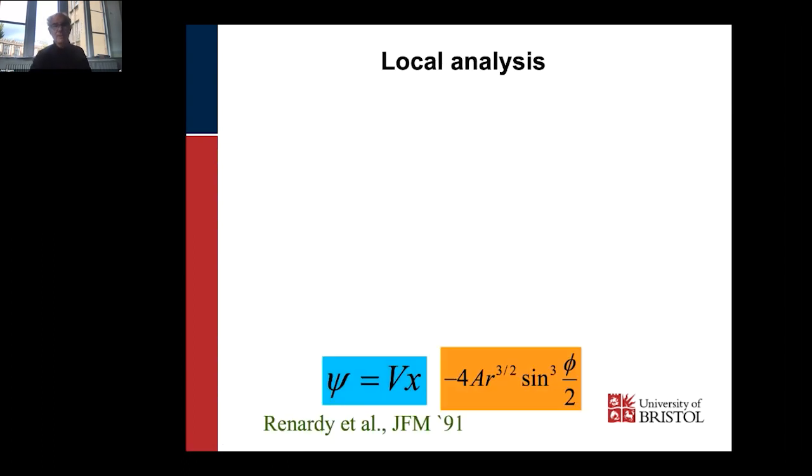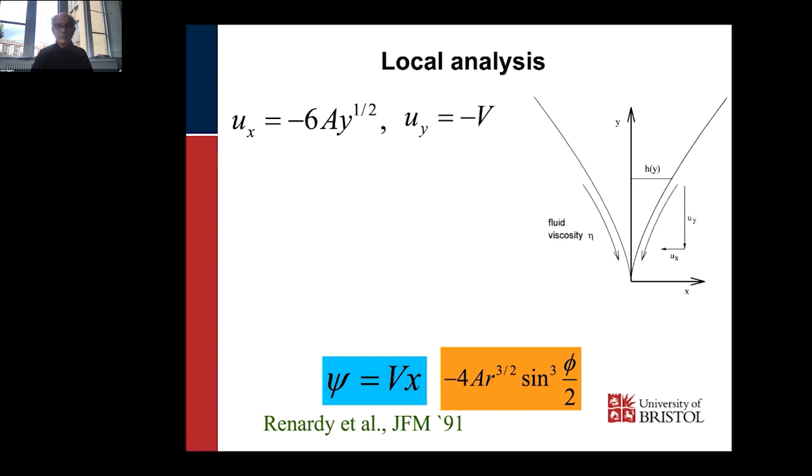So this is what we have. We have two types of solutions. We have a uniform streaming solution at a constant velocity v in the y direction, and we've got this non-trivial solution that scales like r to the 3/2 times some very specific angular dependence. So from this stream function, I can work out what's the x and the y component of the velocity field.